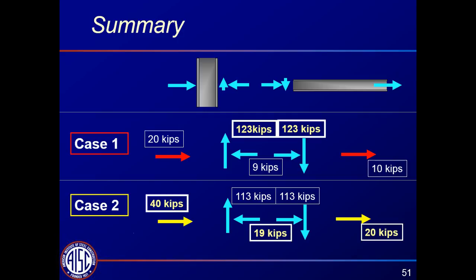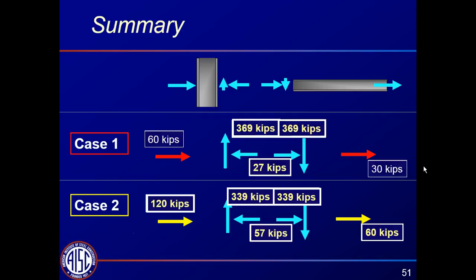So there you go. And then if omega applies, we simply apply omega. In this case, omega is 3, and so it gives us quite an increase in force here, and we could also apply omega in case 1 as well.